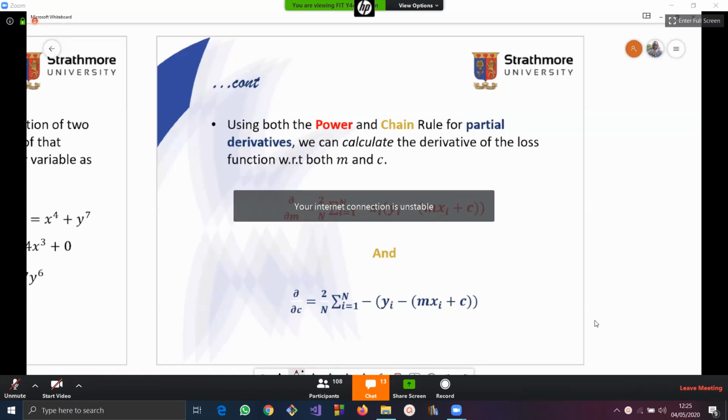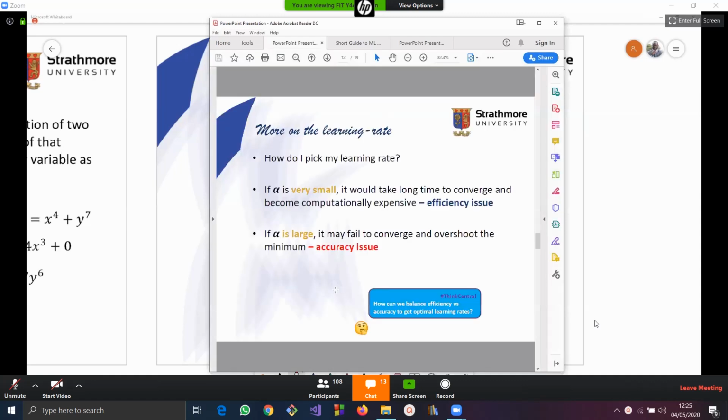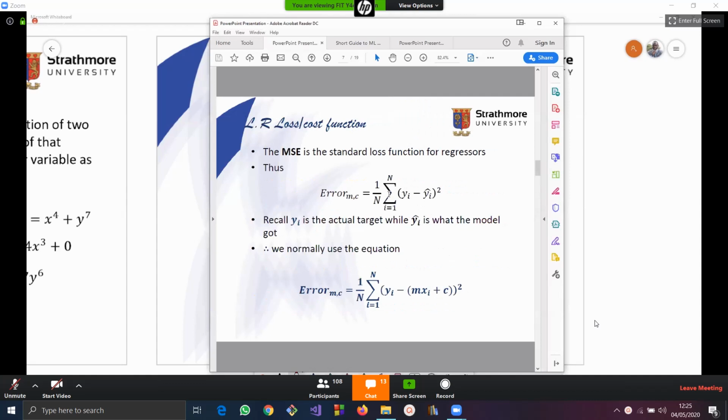Remember, I will be alternating between the two screens. This was our loss function, called the mean squared error. Then we need to do the partial derivative of this function.